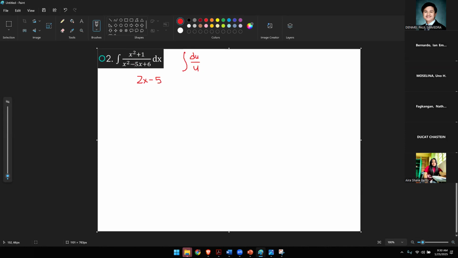But for this one, it's x plus 3, x minus 3, x minus 2. So, hindi na natin to pwedeng ma-simplify. Okay. But for this one can be factored into x minus 3 and then x minus 2. Correct?